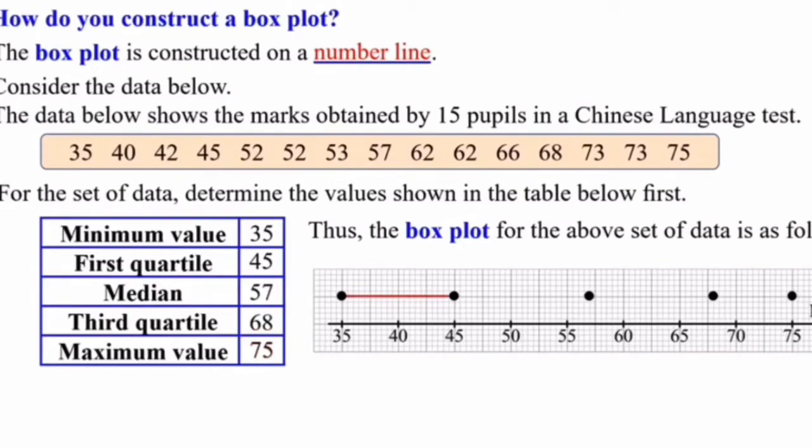Plot all the points using dots. Then we connect using vertical lines and draw a box. Make sure the box height is the same to the left and right of the median. Make sure the box is nice and uniform. So this is how we draw the box.